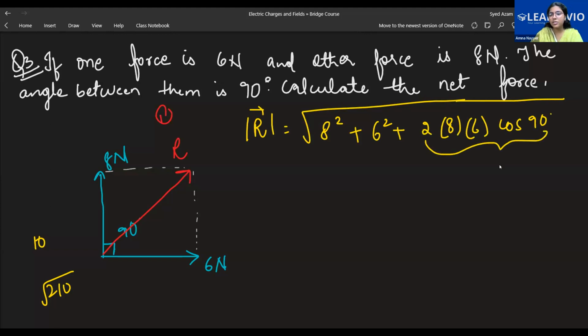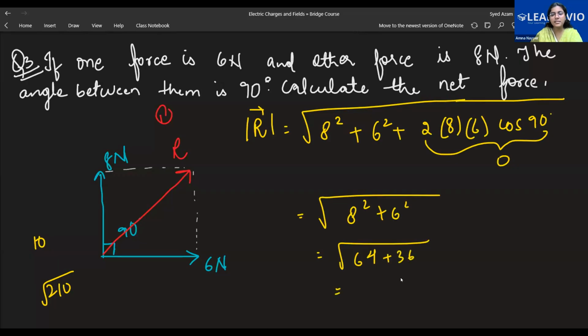So this whole term becomes 0. What are you left with? You are left with under root 8 square plus 6 square. 8 square is 64, 6 square is 36. So 64 plus 36, 100. That is 10 Newton. Clear?